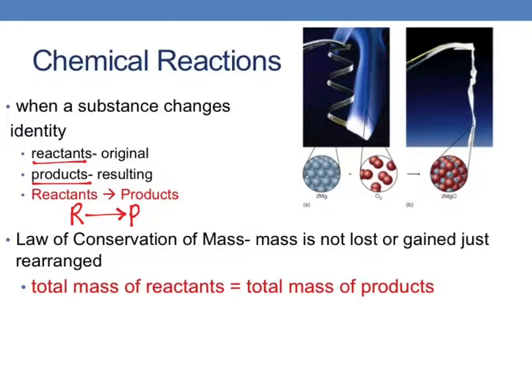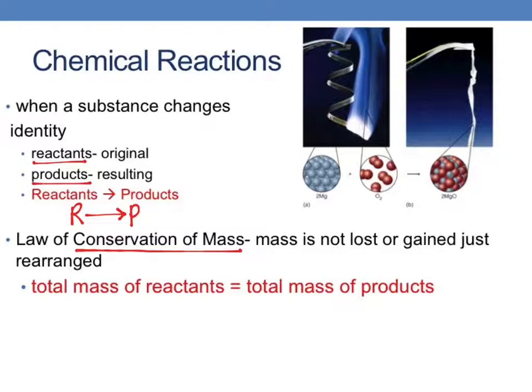So what we're going to do today is write these equations, taking our reactants all the way to the products. Now, the law of conservation of mass. This is going to be a really big deal to us starting Wednesday, but the law of conservation of mass says mass isn't lost or gained. It's just rearranged.